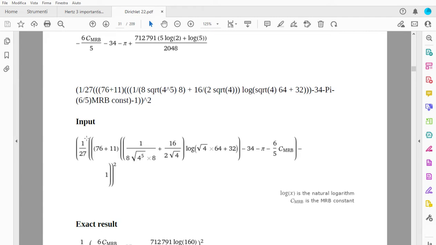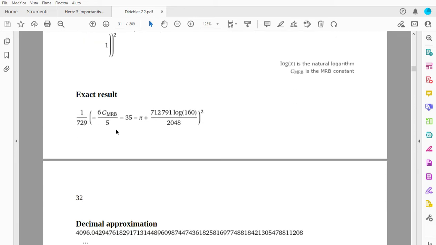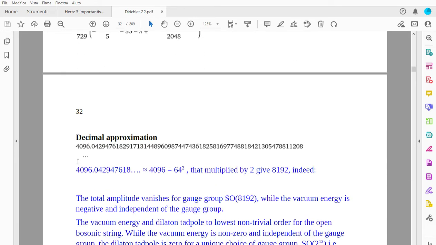Furthermore, from this other calculation, we obtain this other value.